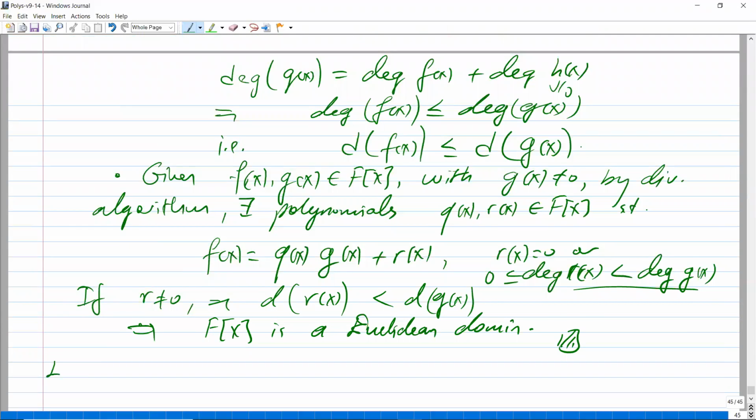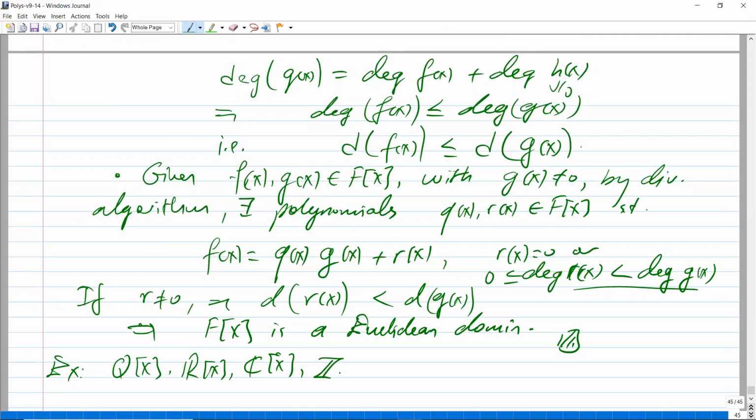So examples are Q of x, namely polynomials with rational coefficients, or polynomials with real coefficients, for example, or polynomials with complex coefficients.